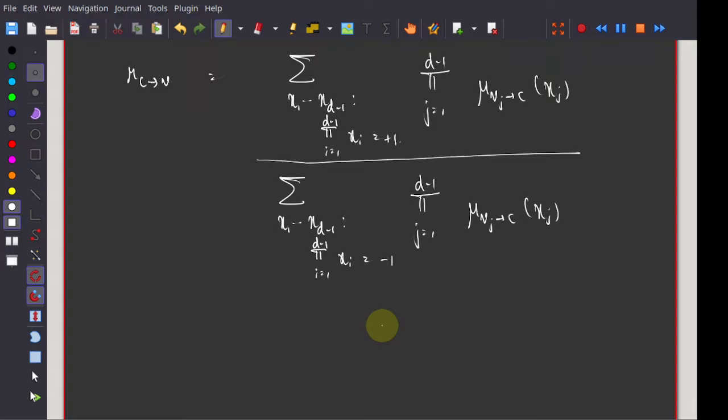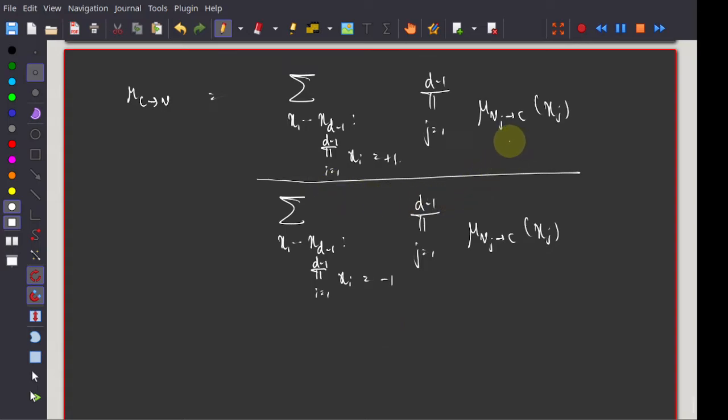Okay. So now I'm going to perform some more steps. Firstly, I want to somehow bring the right hand side to also be of the form R_{Vj to C}. So what I'll do is multiply and divide both the numerator and the denominator by the product over j equal to 1 to d minus 1 of mu_{Vj to C} of minus 1, not x_j.